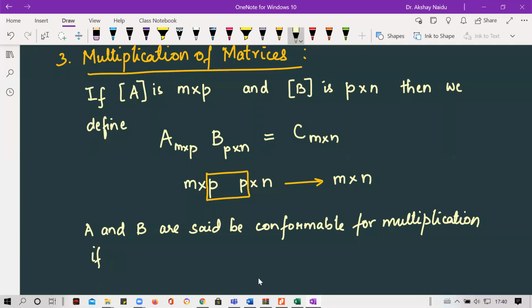Anyone? If m is equal to n? No. When the columns of the first matrix equal the rows of the second matrix.